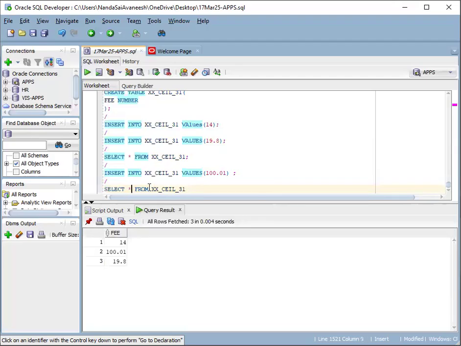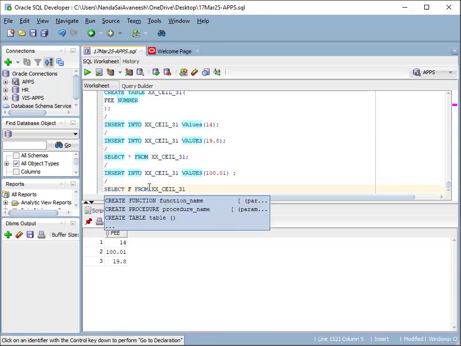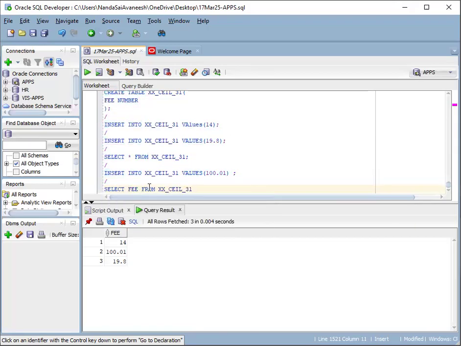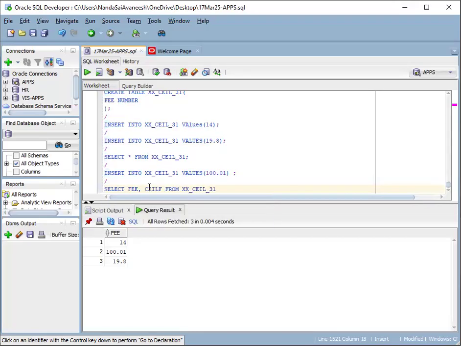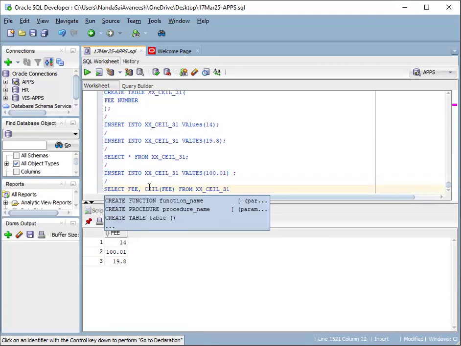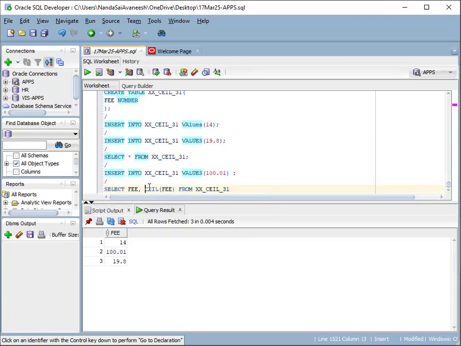Based on these values, I will use CEIL. Select fees comma CEIL of fees from this table.